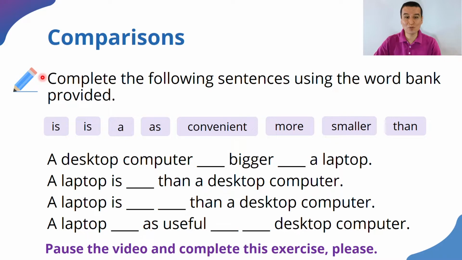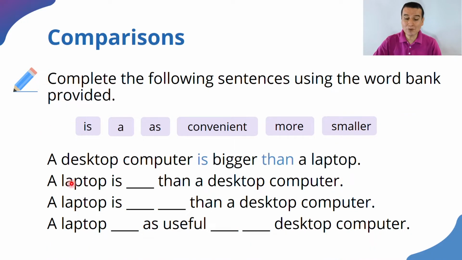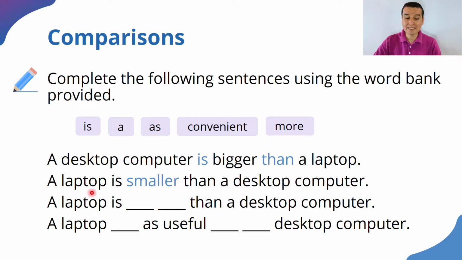All right, I hope that you did pause my video, completed the activity, and here are the answers for you, right? First one, a desktop computer is bigger than a laptop. Is and than, all right? Next one, a laptop is smaller than a desktop computer. That means that we're saying smaller, comparing how big they are.